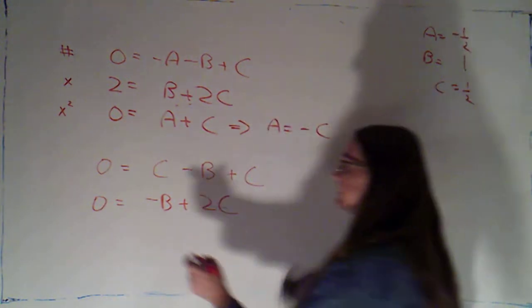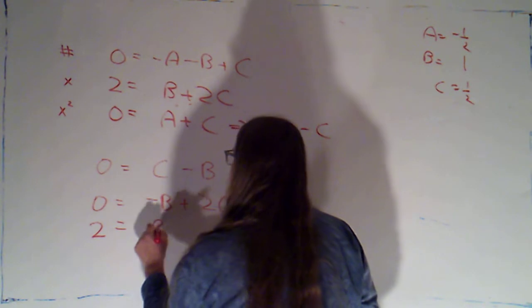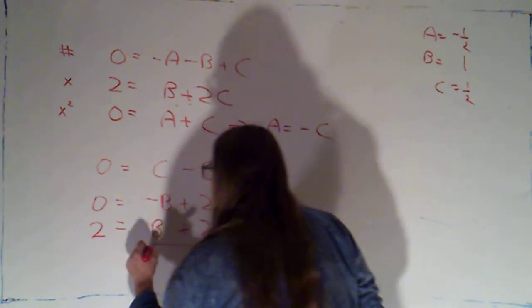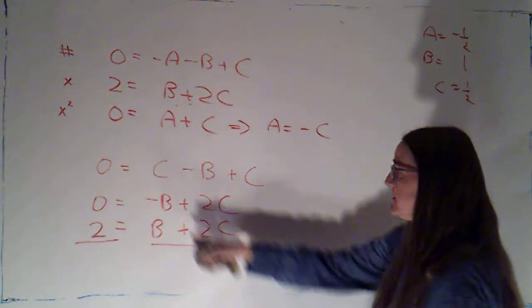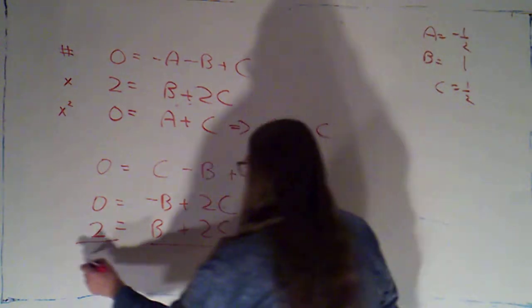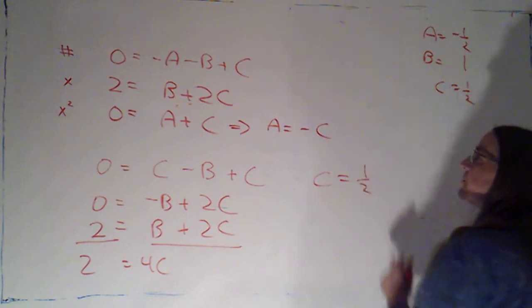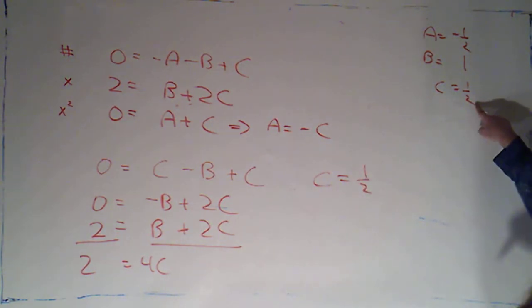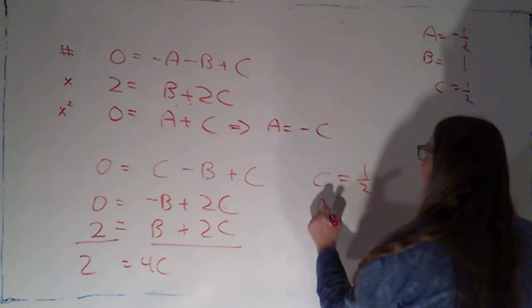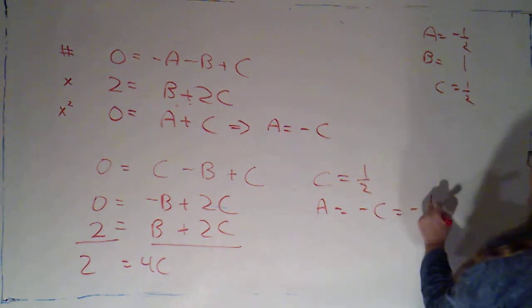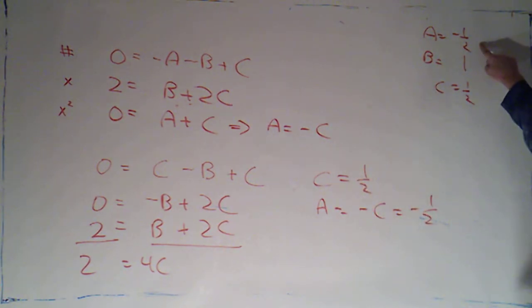Then I've also got this equation that says that 2 is equal to b plus 2c. If I just add those equations, the b's are going to drop out. So 2 is equal to 4c. So c is equal to 1/2. Cool, that's what we got last time. A is the opposite of c, so that's the opposite of 1/2. That's what we got last time.